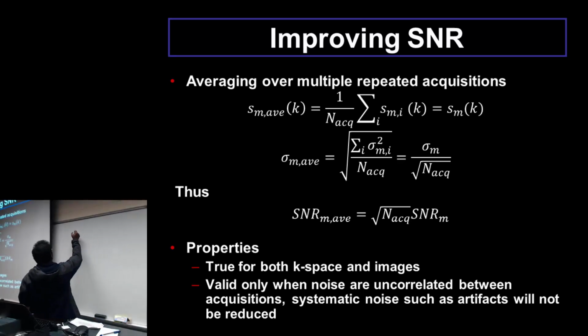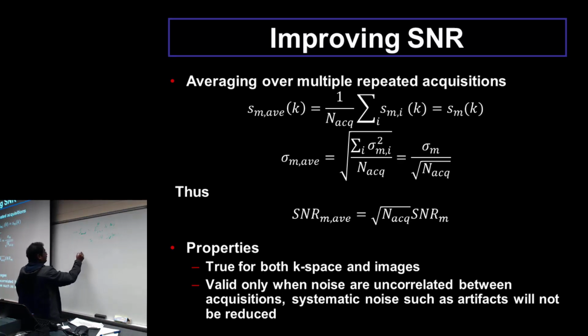So if you're not averaging, let's just say adding up, it's easier to look at it that way. So with multiple measurements, you're adding, net is basically the sum over i equal to 1 to n. Now if all of these are the same, then what you have is n times S of k.